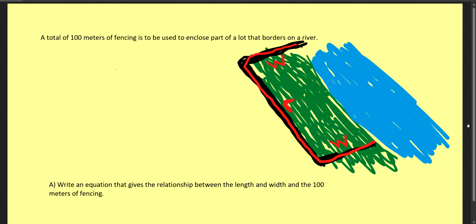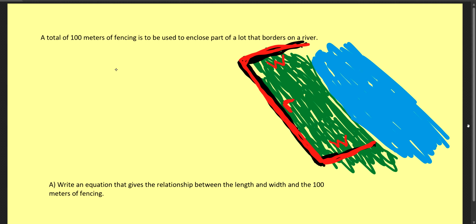And it's asking us to write an equation that gives a relationship between the length and width and the 100 meters of fencing. So what formula are they talking about when they're talking about enclosing this yard with fencing going on 3 sides? That's these 3 sides here.